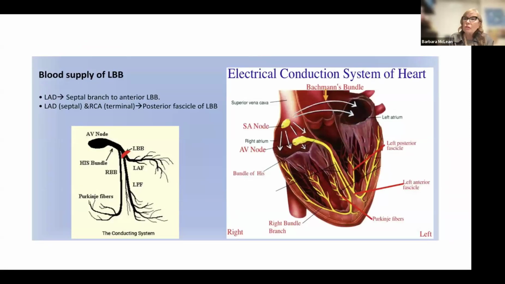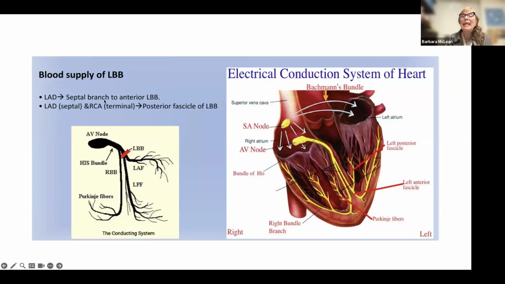Now, I want to bring us to something that is relatively straightforward, but I think really vital for people who are aspiring to become more expert in the evaluation of the EKG. I want to remind you that the LAD supplies the anterior left bundle, and the LAD and the RCA give some supply to the posterior bundle.